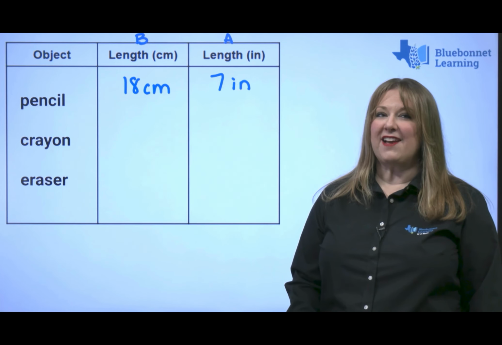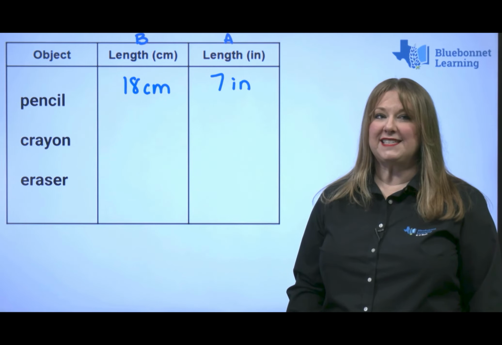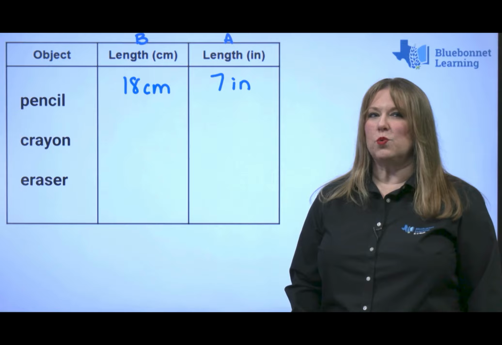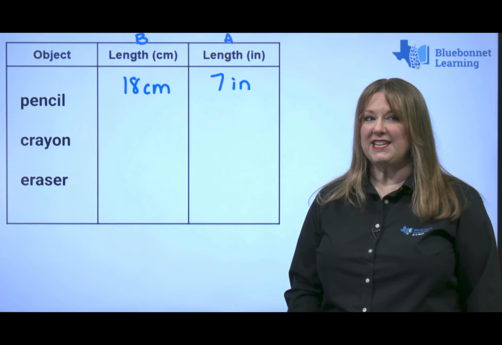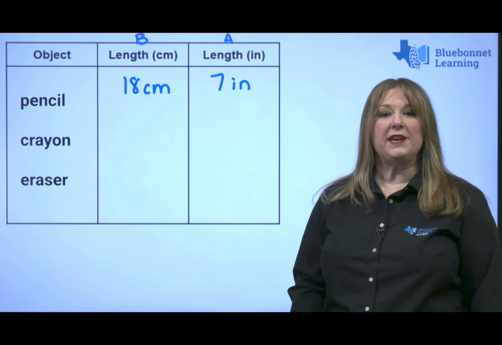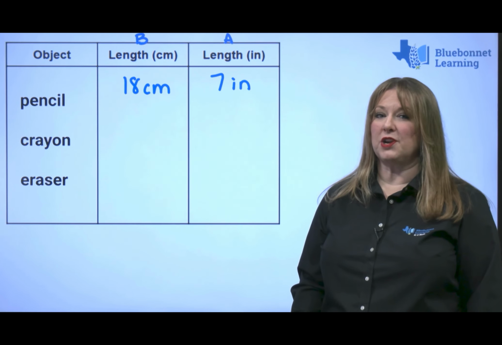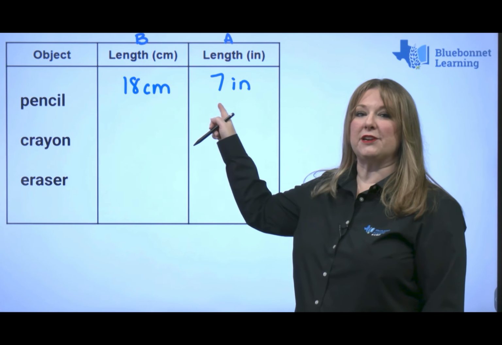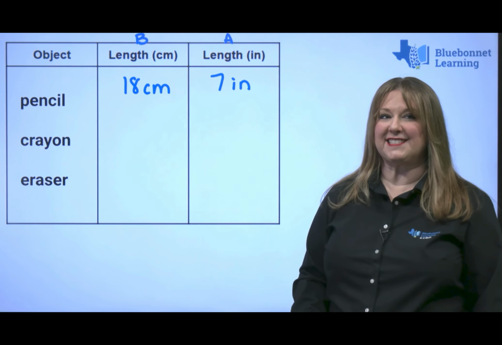That means 7 inches is about the same as 18 centimeters. Did we use more centimeters or more inches to measure the pencil? That's right, we used more centimeters. So to measure the same pencil, we used 18 centimeters and only 7 inches.